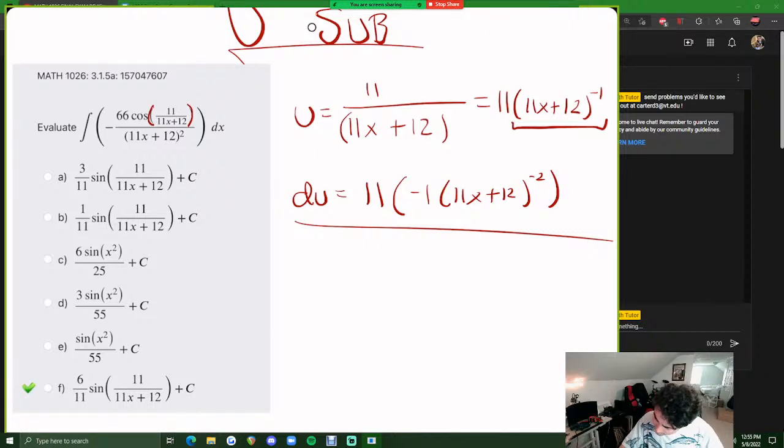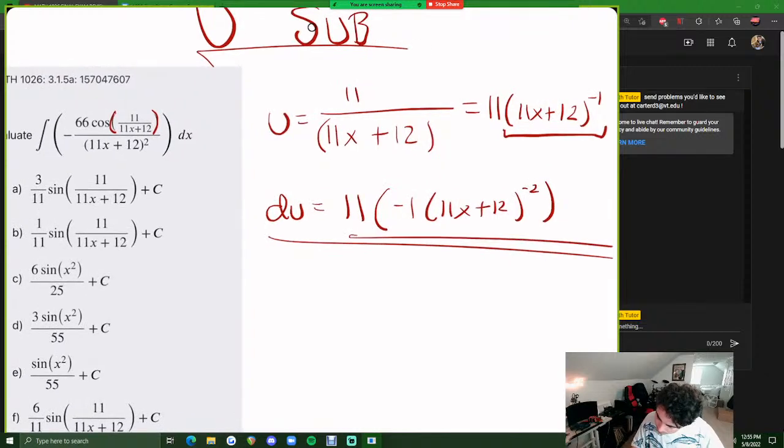So that was just the first part of the du. We cannot forget to multiply by the derivative of the inside. The inside is 11x plus 12, so the derivative of the inside is 11. And so if we were to rewrite this real quick first, I'd probably take this negative 1, this 11, and this 11, and go ahead and multiply those together to get negative 121.